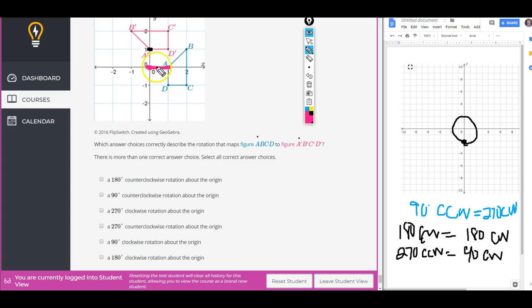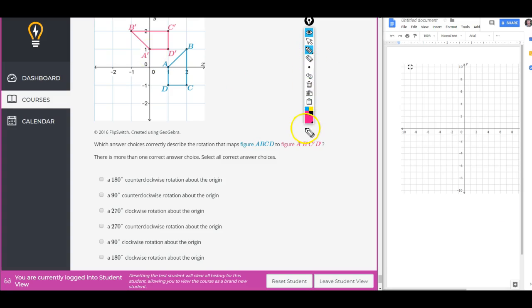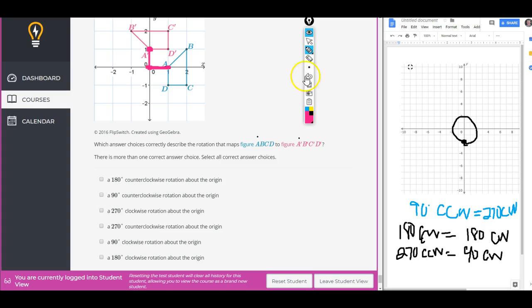If I were to pick up this line and rotate it 90 degrees, it would end up being completely vertical, and it is at 1 unit. So far A to A prime is looking like a counterclockwise rotation of 90 degrees. Let's verify a couple more points and go from there.